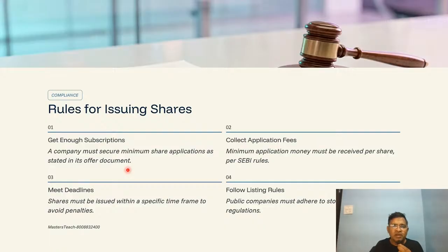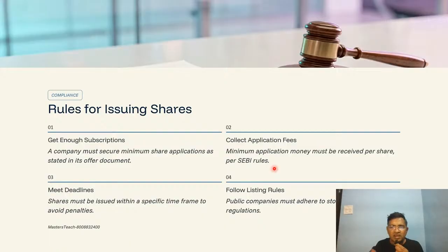Somebody has to fill the share application and subscribe. The minimum number of shares needs to be purchased by the shareholders, that is called getting enough subscription. Then collect application fees.